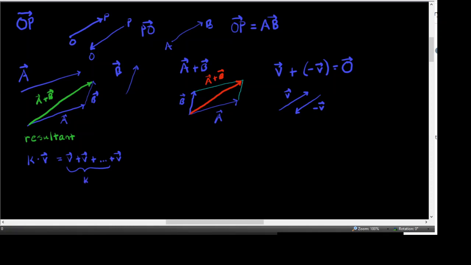And so if I had, for example, 3 times vector v, that's going to be vector v plus vector v plus vector v. And of course, the resultant starts here and ends where the last one ended. And so this is the vector 3v in that color.